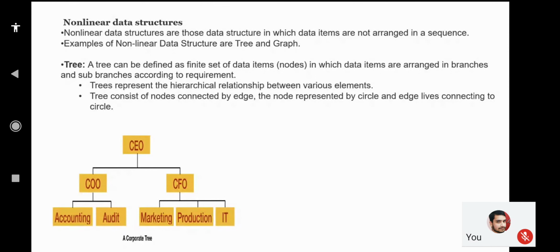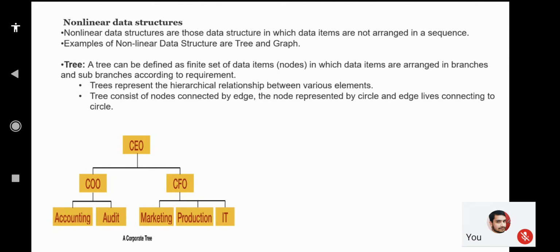So this is level 1, and this is level 2. Now this is basically the parent of this. This is the parent, and here we can say this is the left child, and this is the right child. Similarly, for COO, two children are there, one for accounting, another for audit. For CFO, three children are there, that is marketing, production, and IT.